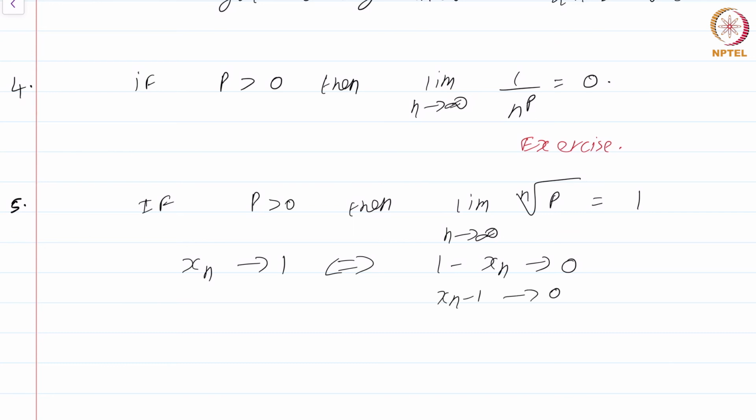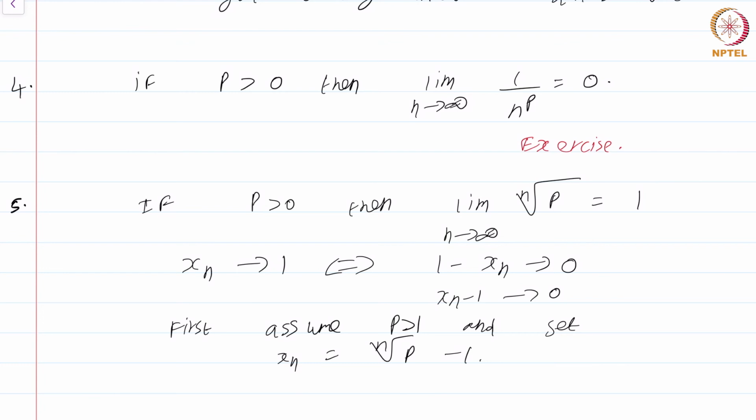Instead of showing xn converges to 1, you can show that xn minus 1 converges to 0. So what I'm going to do is first assume p is greater than 1 and set xn to be the nth root of p minus 1.